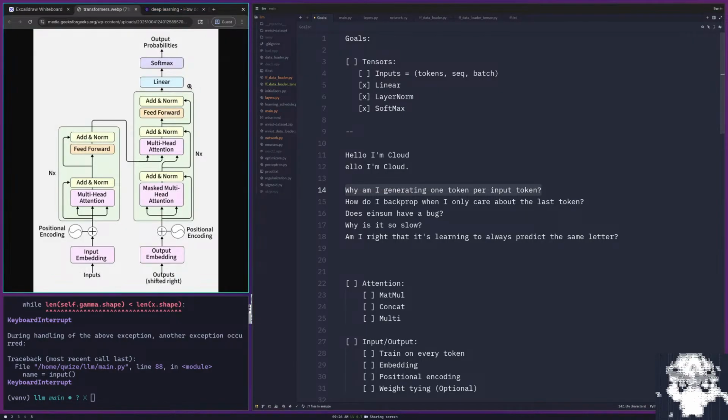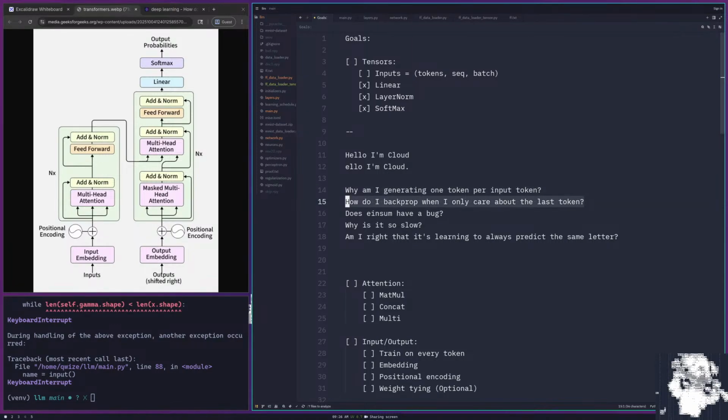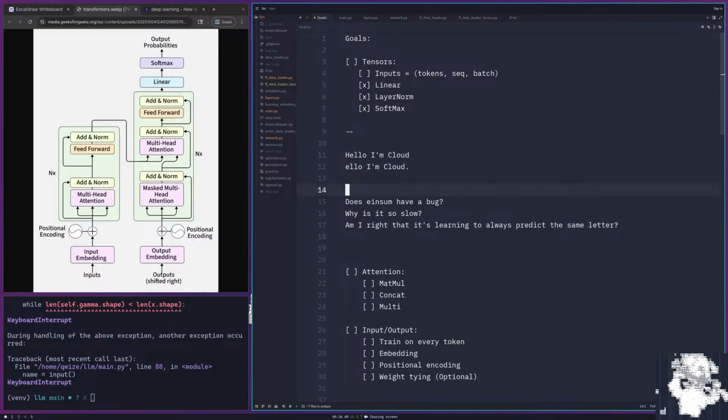That's naturally the shape that the output is gonna have, but it's not necessarily bad because you can use the tokens to help training. And then how do I do backprop when I only care about the last token? The answer is start caring about every token. Treat them as predictions as well. So I'm going to delete these.